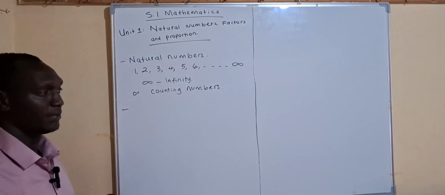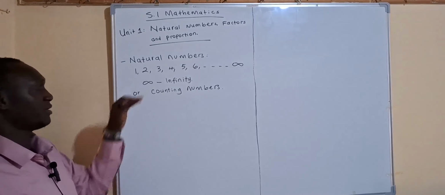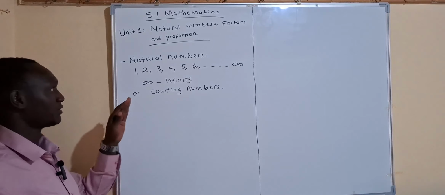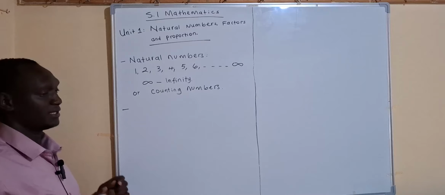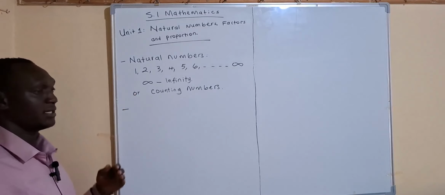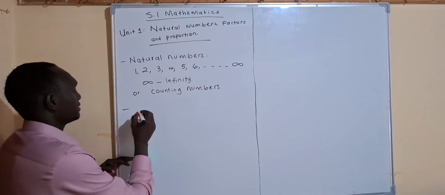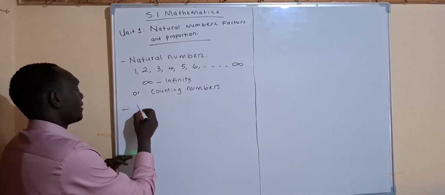Also, let me bring to your attention another group of numbers. You have seen from here that 0 is not part of natural numbers. That means if we include 0 in the natural numbers, it becomes whole numbers.